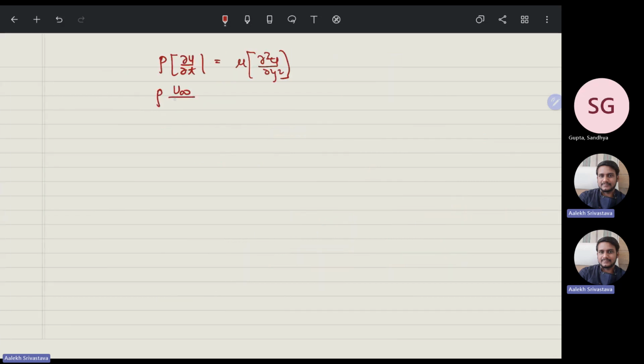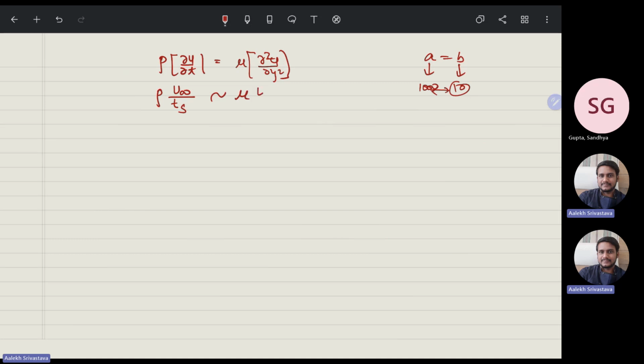Now, what is the time scale? Say some time ts. Order of magnitude means, suppose a equal to b, then the order of a is equal to the order of b. That is the meaning of a equal to b, because if this is 1000, this cannot be 10, as they would not be equal.